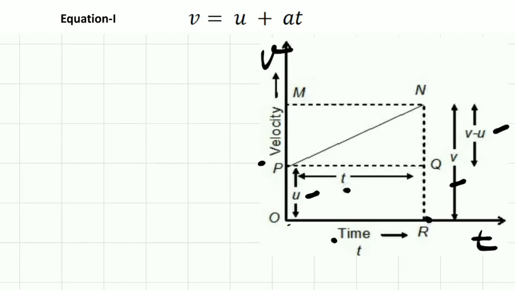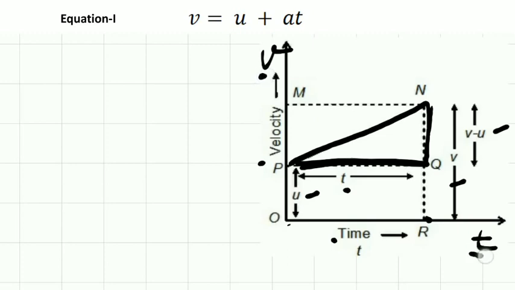Now watch here. This triangle. Here, this is the height and this is the distance. In case of velocity time graph, the slope of velocity time graph is acceleration.